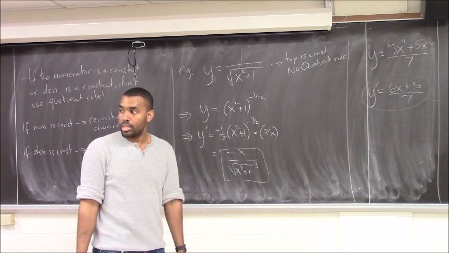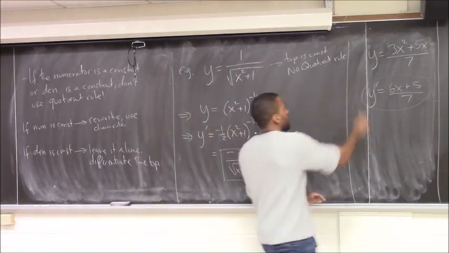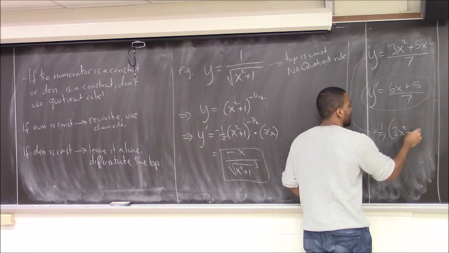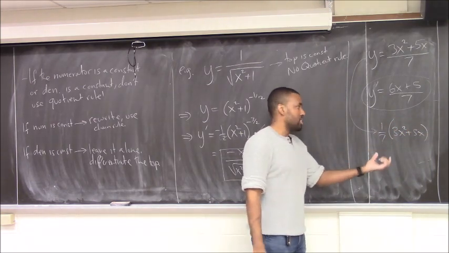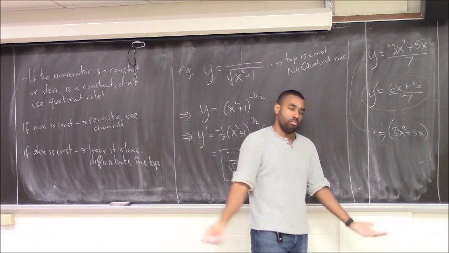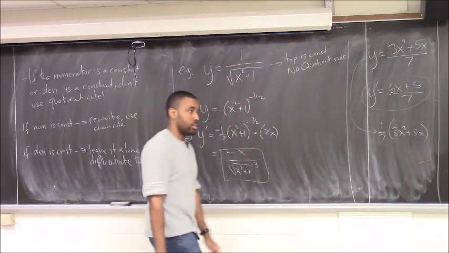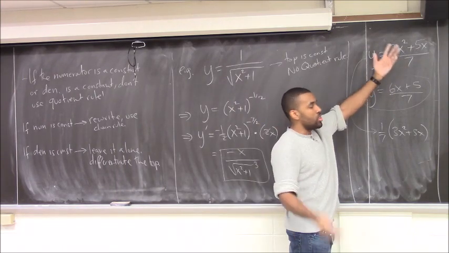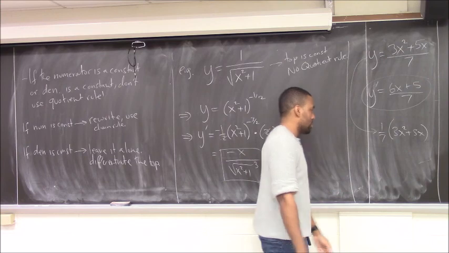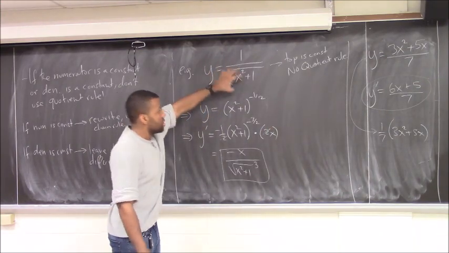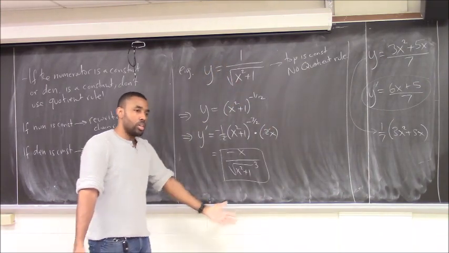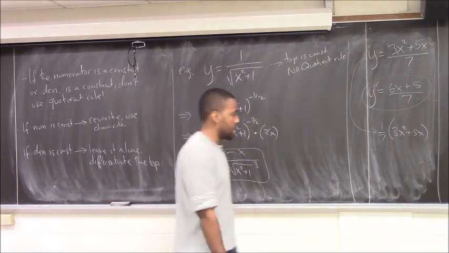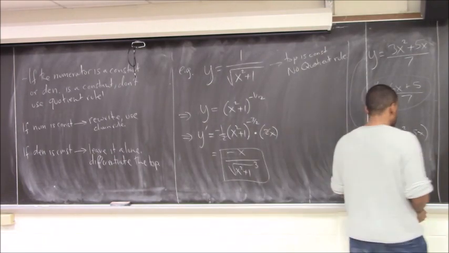Because 1/7 is a constant. I can think of this as just 1/7 times this, and the constant factor rule says just leave the constant alone, differentiate the function. So if your denominator is a constant, just ignore it and differentiate the top. If your numerator is a constant, bring the bottom up and use the chain rule. In either of these cases, algebraically, you'll spend less time than with the quotient rule.